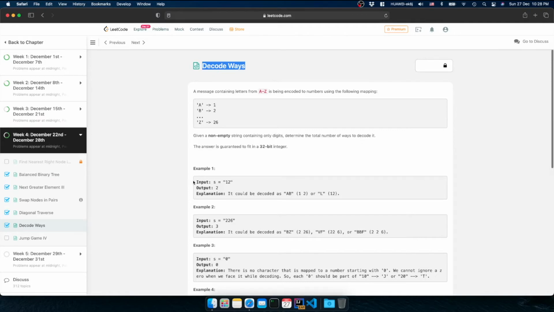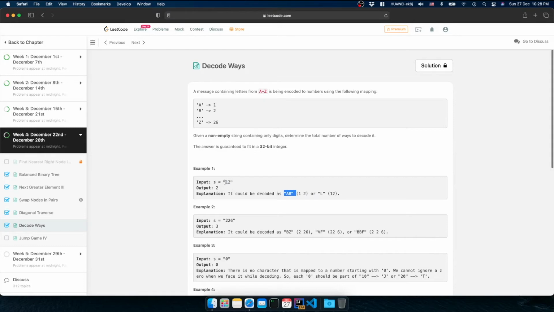So the problem is something like this. Suppose for input, we will have a string of digits, right? And we will have to find the number of possible outcomes we can have if we decode that string, right? So just to give you an example, the first example is 12. Now 12 can be decoded as, if we consider 1 as A, so 1 and 2, which is AB, right?